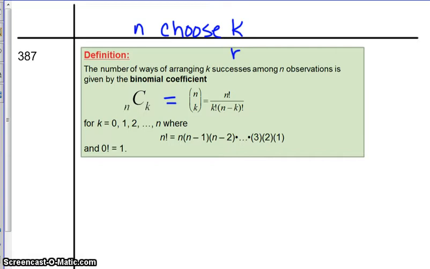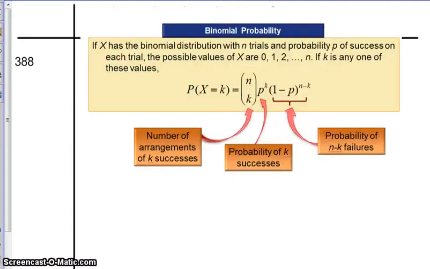What it says is if I have 5 kids, I need to choose 2 of them. How many ways can I do that? Now, we're not going to get worried about actually going through and doing this. We're going to have the calculator come up with a lot of these numbers, but that's the idea of combinations to remember. This is the big one that you need to know.